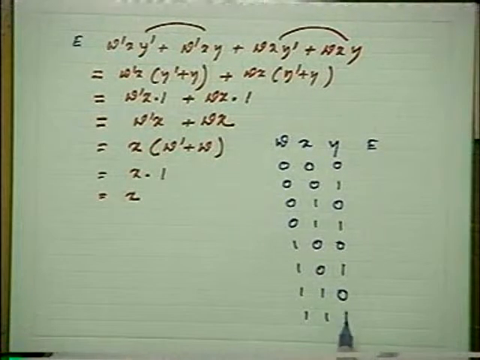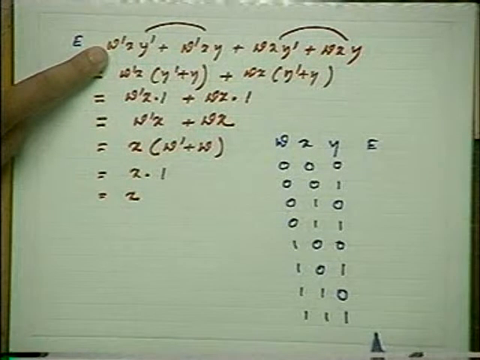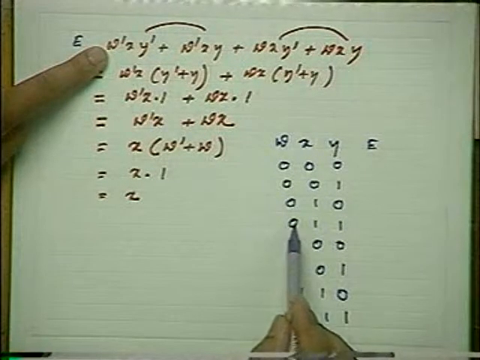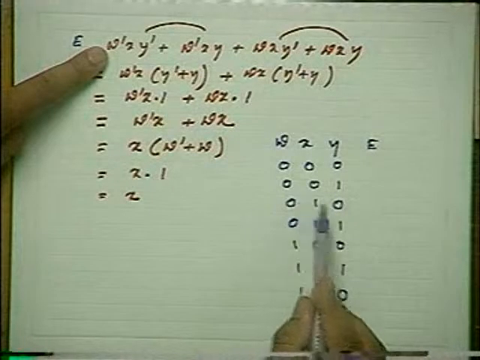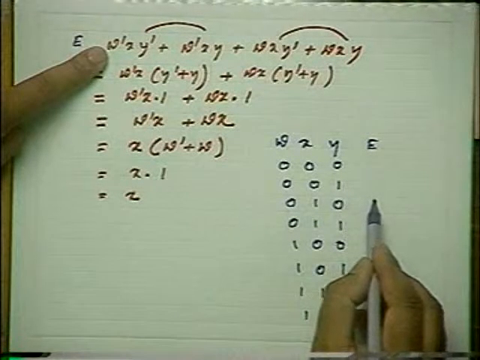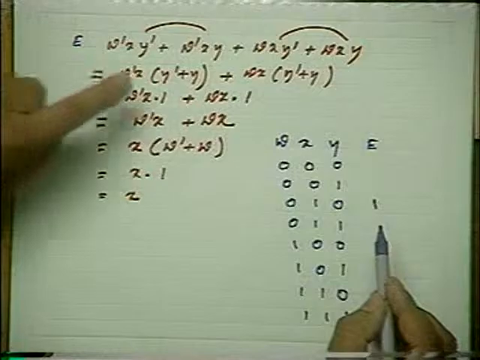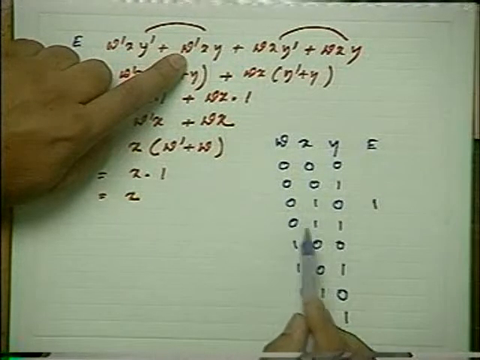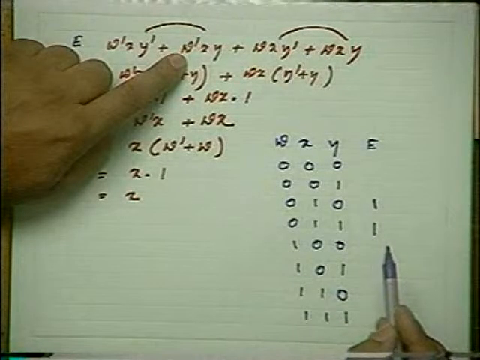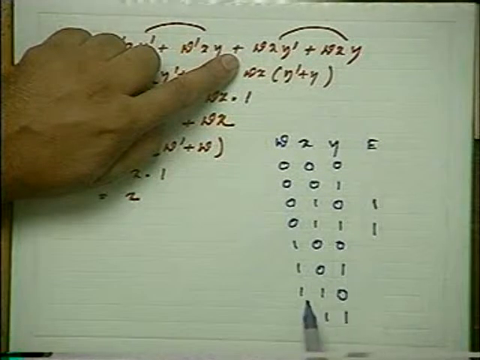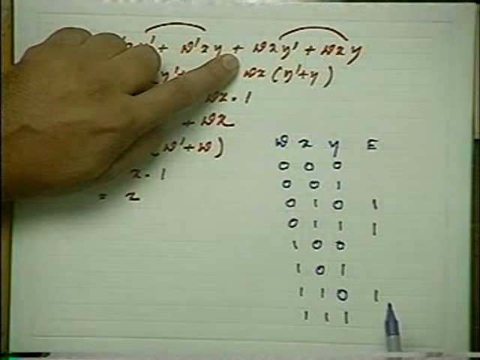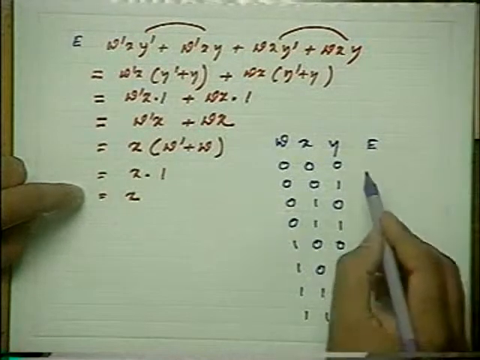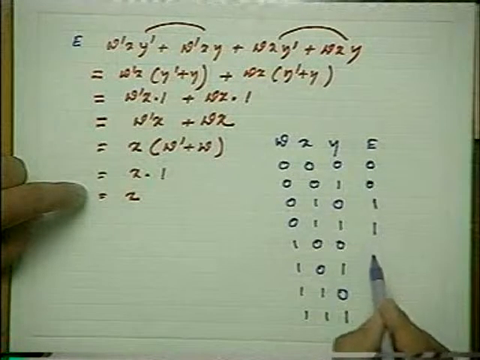Now, w bar x y bar is which combination? W bar x y bar is this combination. Therefore, for this combination, this is equal to 1. W bar x y is this combination for which this is 1. W x y bar is this combination, and w x y is this combination, they are 1. For other combinations, this is 0.